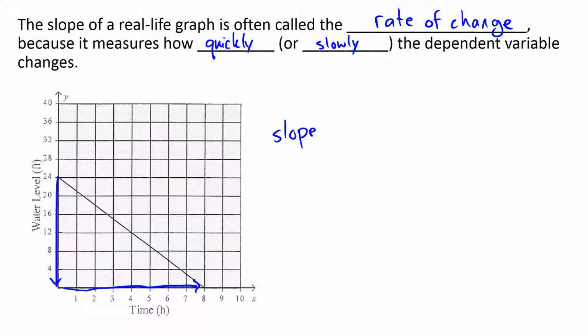So the slope is telling us how quickly water is draining from whatever this is. So the slope is telling us how quickly something is happening, which is why we call it also the rate of change.